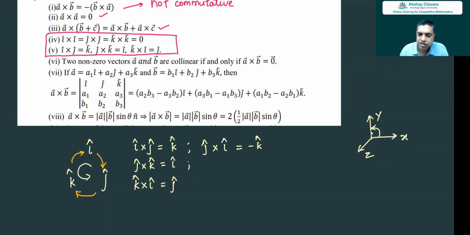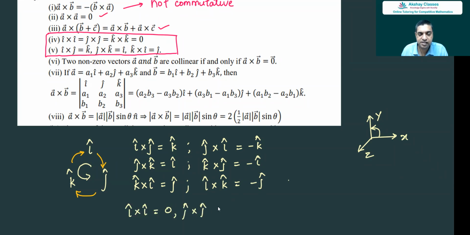So similarly, Y cross Z will give the direction of X. So K cross J will be minus I, and I cross K is equal to minus J. We also get I cross I is 0, J cross J is 0, and K cross K is 0.